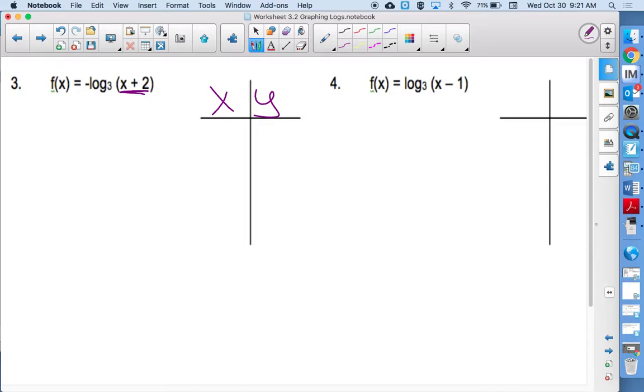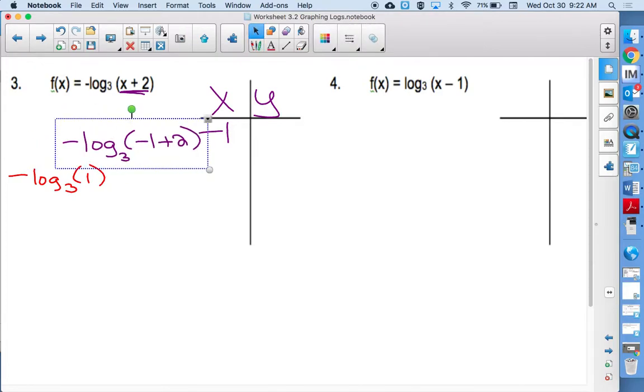Colin, what number plus 2 would give me a 1? A negative 1. So I'm going to plug a negative 1 in. Because when I do that, I have negative 1 plus 2. So this is my little bit of work here. So this makes negative log base 3 of 1.